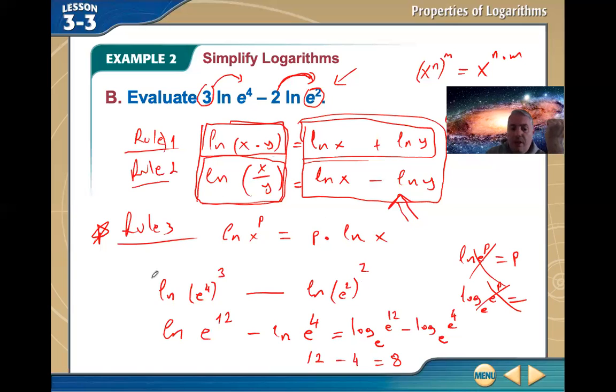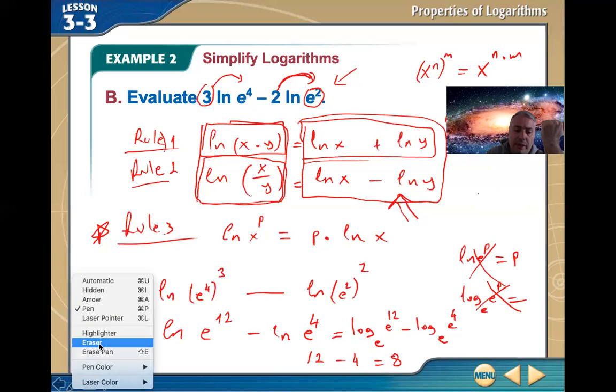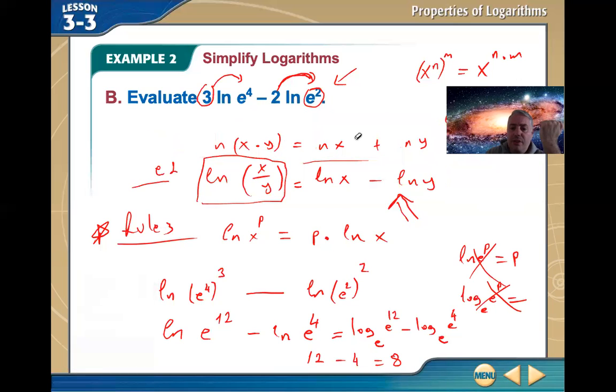If you prefer to use the division, yes, you can. Let me also explain here by using the division.